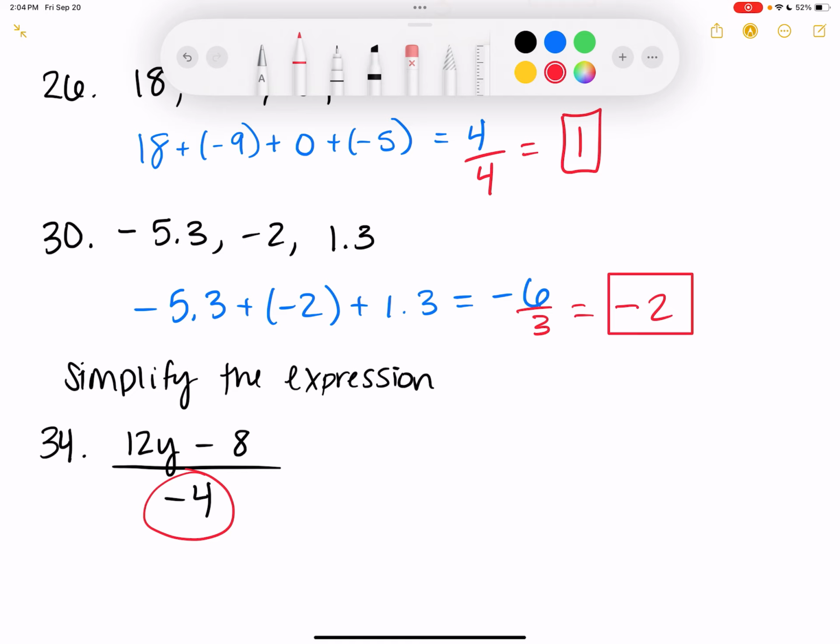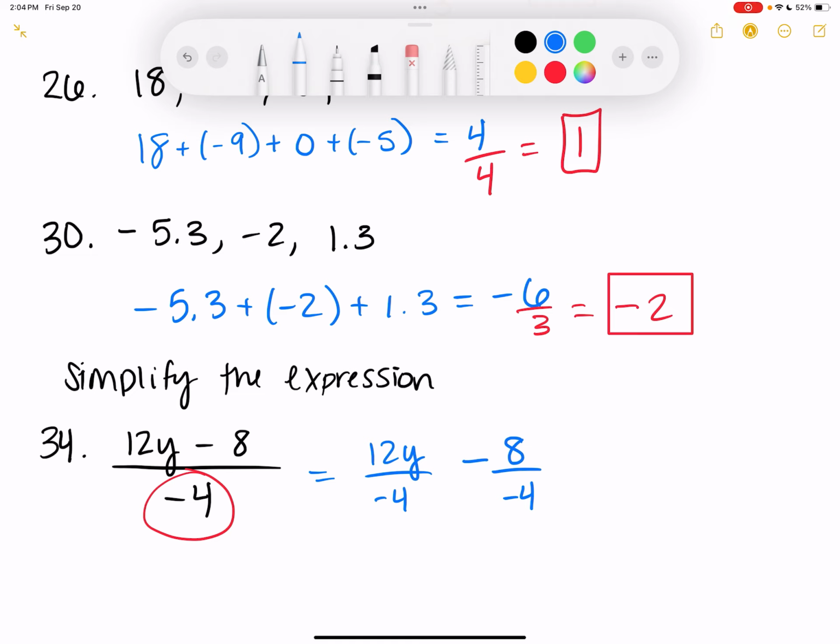What I can do is split this into two separate fractions. So this is going to become 12y over negative 4, and then minus 8 over negative 4. Then I would just reduce each part of the fraction individually. If I reduce 12y over negative 4, what am I going to get?